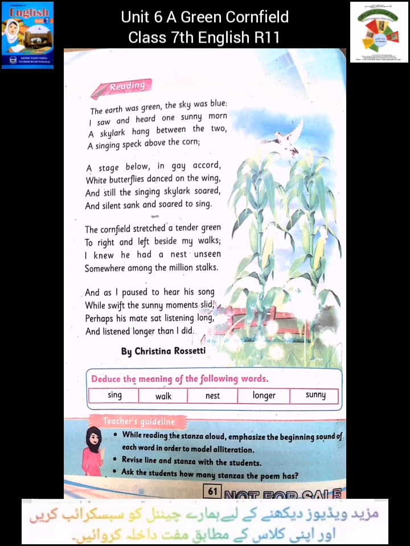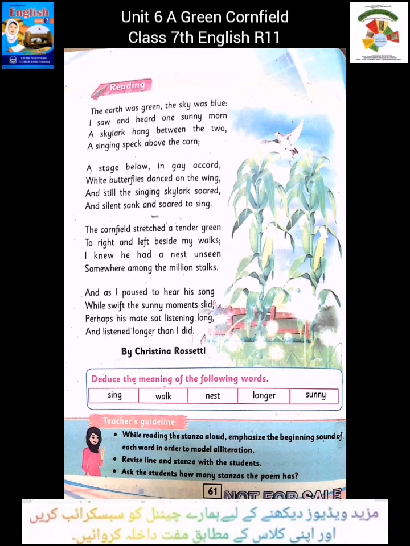So the poet got so involved and so engrossed, so lost in the song of the skylark that she didn't realize the time was flying by. She didn't realize how much time had passed. So she just lost track of time.